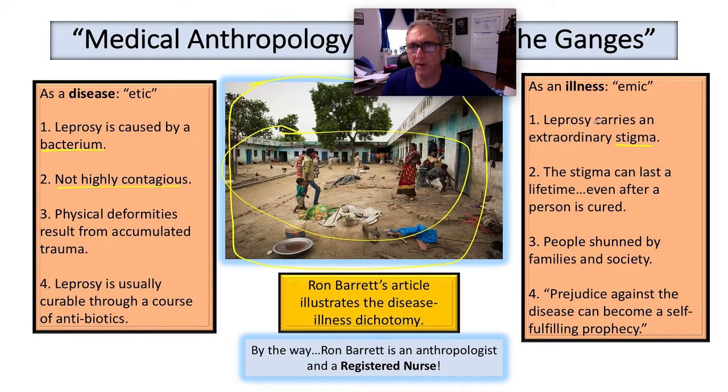And look at point number 4 here. Point number 4 is that the prejudice against the disease and the prejudice against the people that carry the disease can become a self-fulfilling prophecy. So what do we mean if we say that? Well, if leprosy is so heavily stigmatized, and what did I say about it?